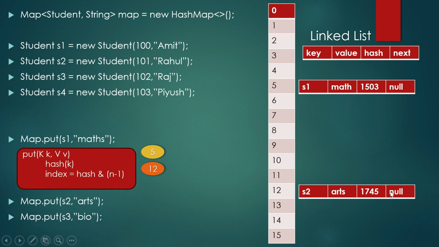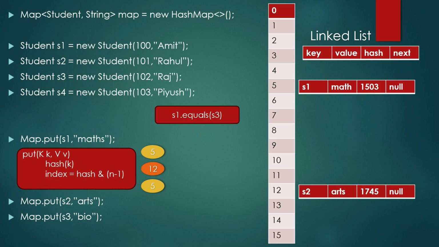Now let's try to put another element here, S3 as bio. Now assume that it will find the same index, 5 here. The index of S3 is also 5. Now in this case, it will first check whether S1 is equal to S3.